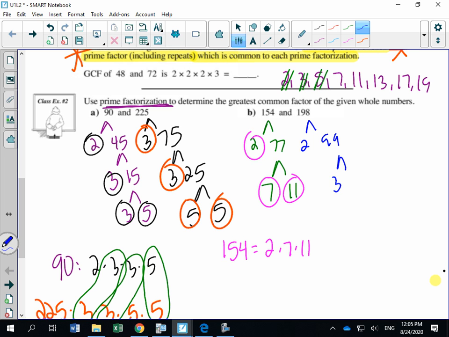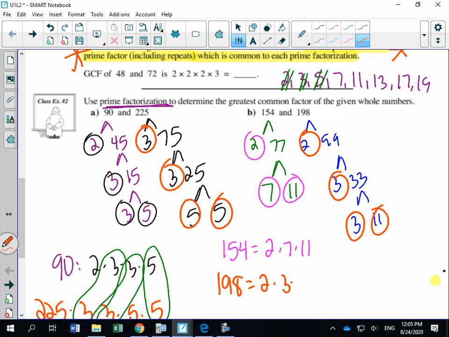Divide that guy by 3 and we get 33. Divide that guy by 3 and we get 11. 198, rewritten as a product of the primes, is 2 times 3 times 3 times 11.